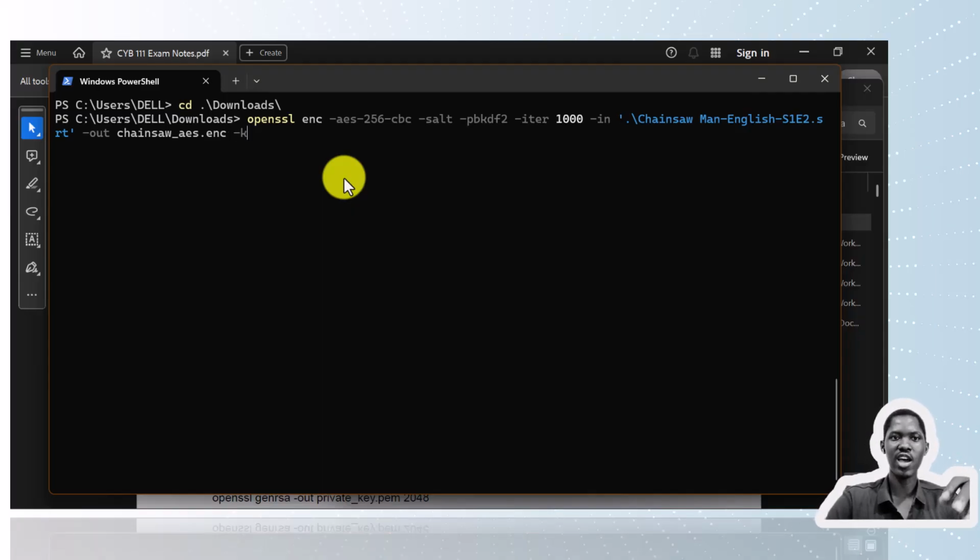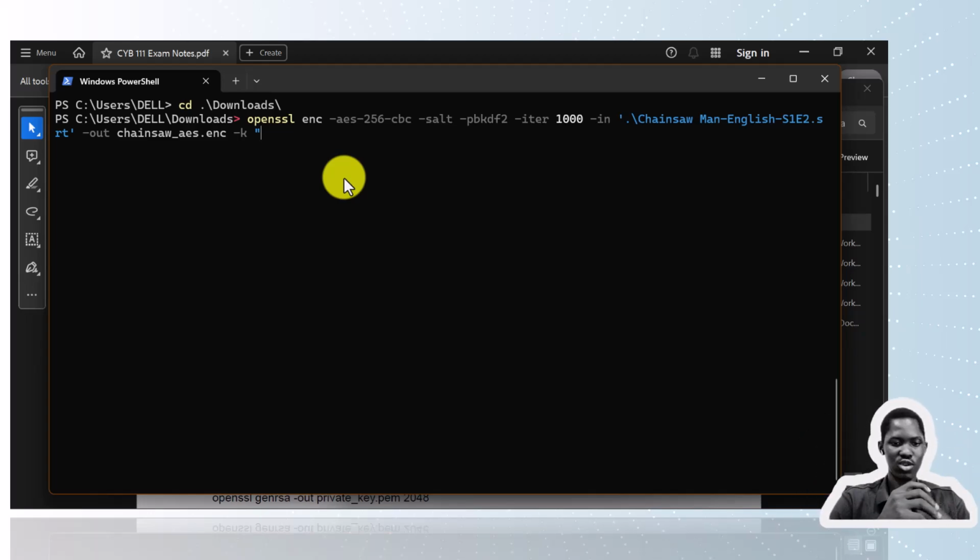Now, the key that I want to use, remember, you are going to use a key for symmetric encryption. So it's the same key you would use for decryption. So encrypting now, and then decrypting later. You can use any key, but the more secure your key is, the better for you.